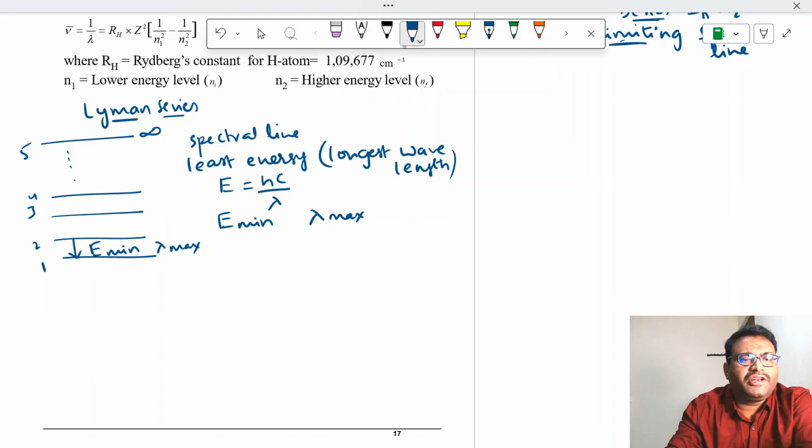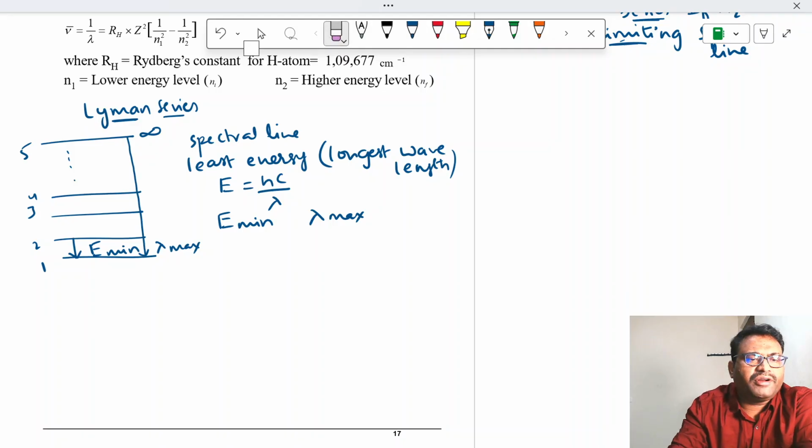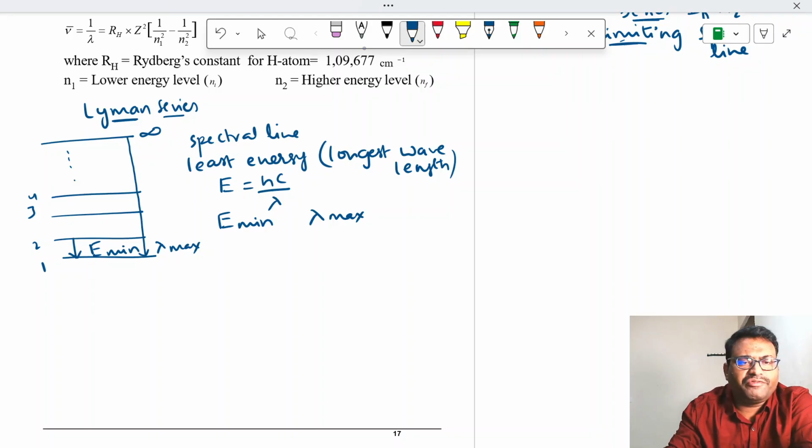Next, the maximum energy difference will be from infinity to 1. So from infinity to 1, E will be maximum. That is the maximum energy difference.